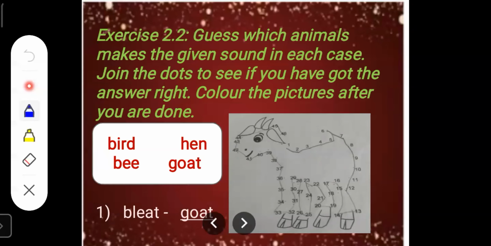So guess which animal makes the given sound in each case. Join the dots to see if you have got the answer right. Color the pictures after you have done.